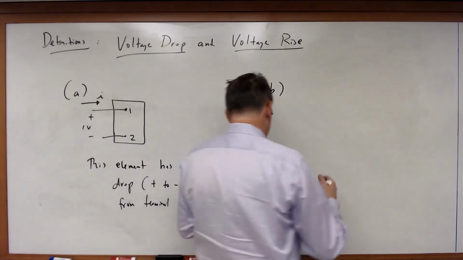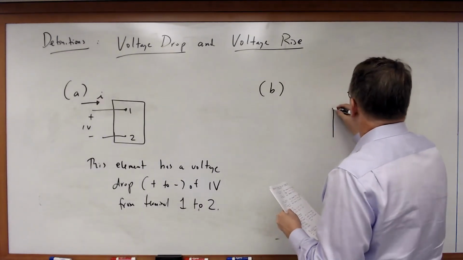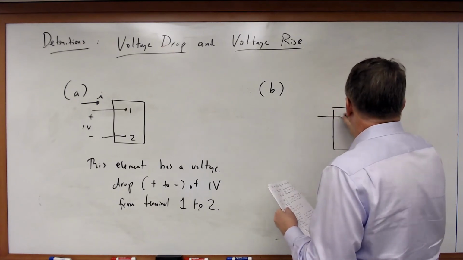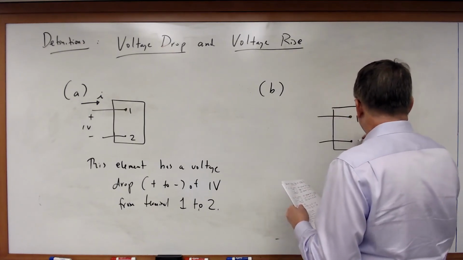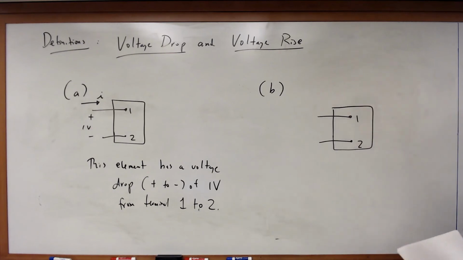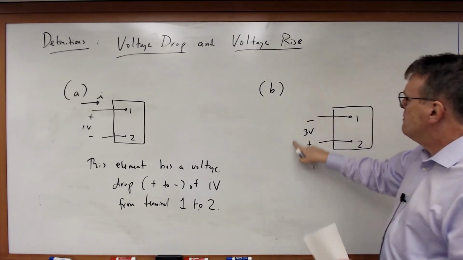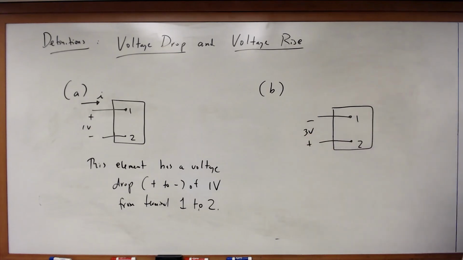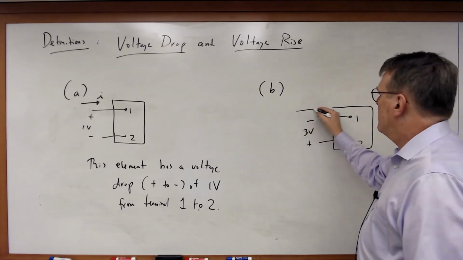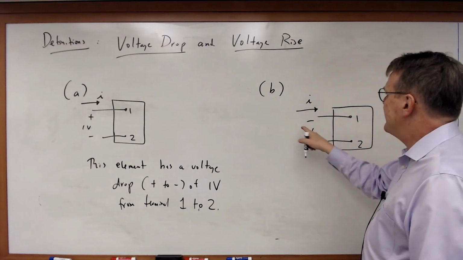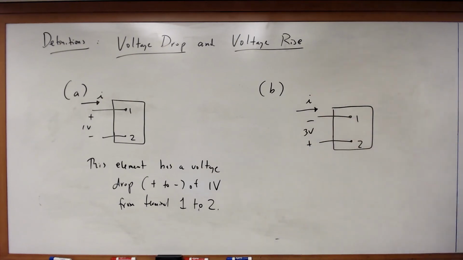Let's look at element B over here. So in this case, let's assume I've got a voltage negative to positive, and the direction of the current is defined as entering the negative end.